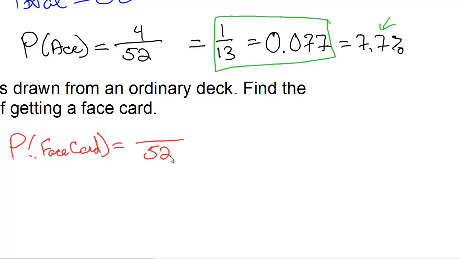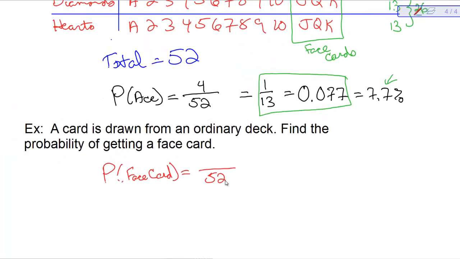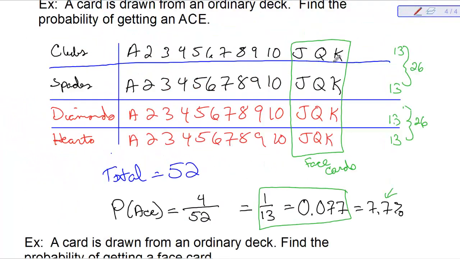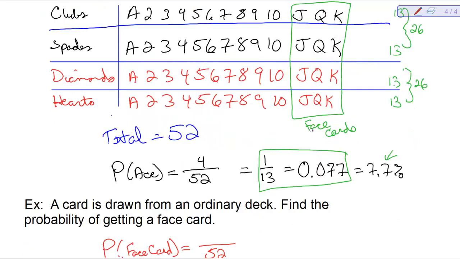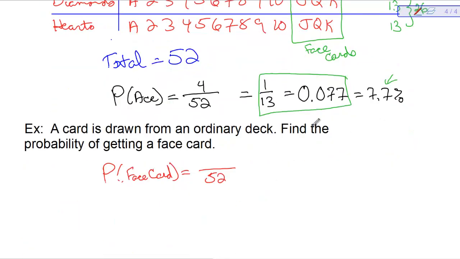I have a total of 52 cards. And then if I think about it, I've got 1, 2, 3 for each suit. So 3, and there's 4 suits, so that gives me 12 cards.